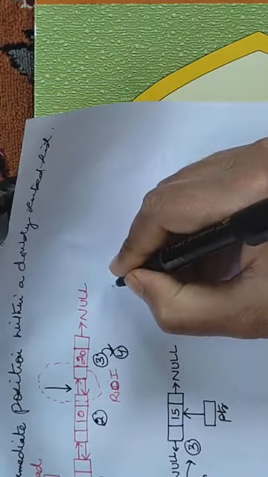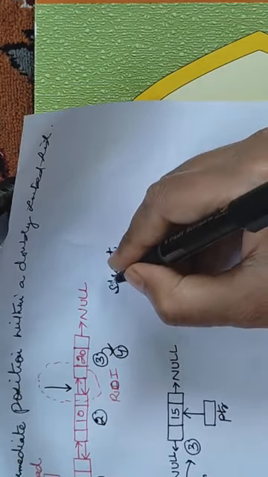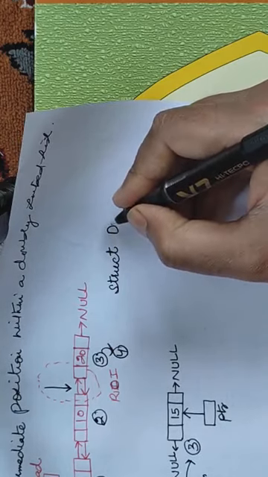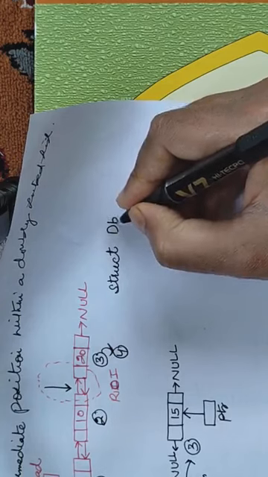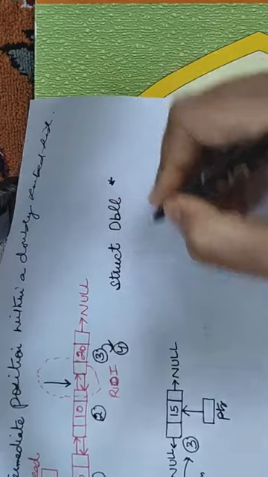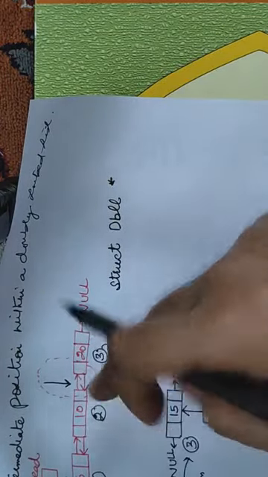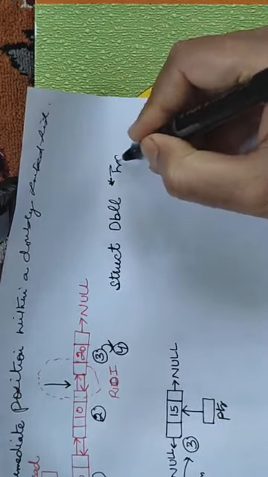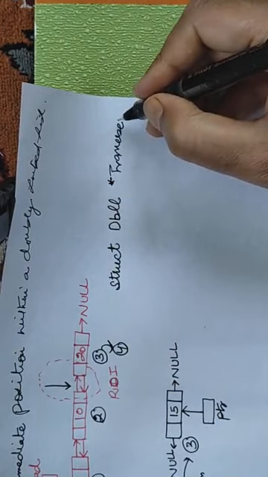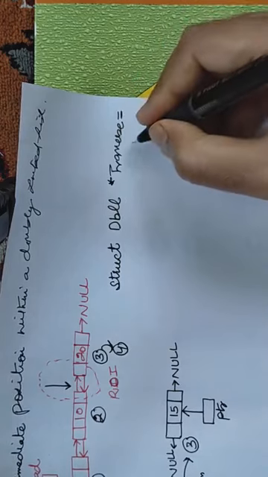So we will say struct, as was the name of the template in previous lectures, dbll star. Let us name that pointer which we will use for traversing from this position to this position. Let us call that traverse. Okay, and let us initialize that to head.